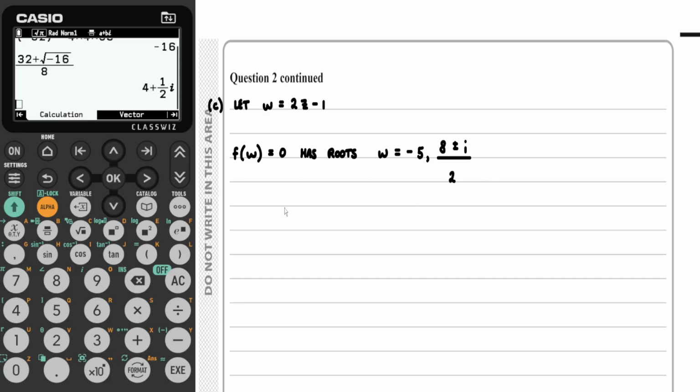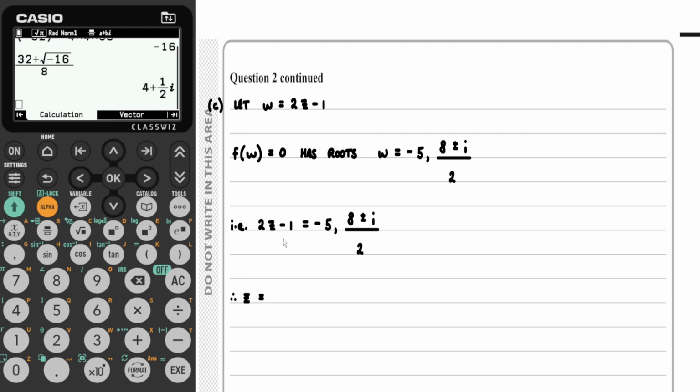We know what w is, that's 2z subtract 1, so we would have 2z subtract 1 equals negative 5 and 8 plus minus i over 2. To find out what z is, we would have to add 1 and then divide by 2.